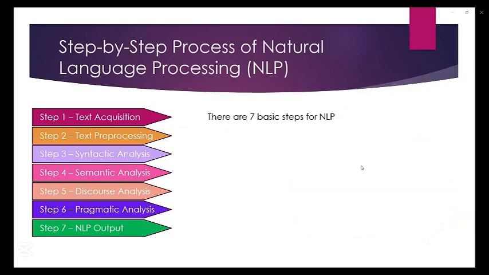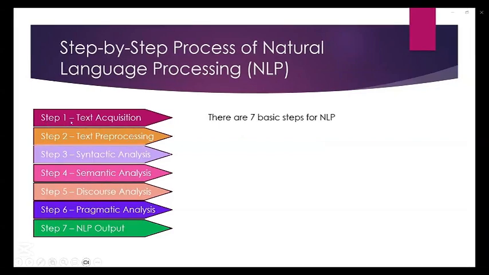When we talk about the steps of natural language processing, mainly there are 7 steps, right? So the first step is text acquisition, then the second step is text pre-processing, then the third step is syntactic analysis.